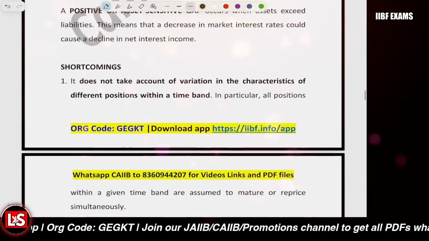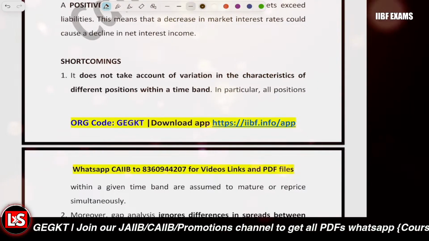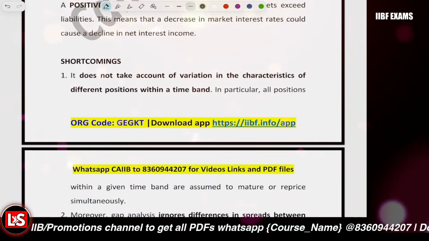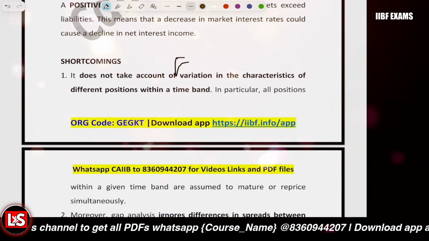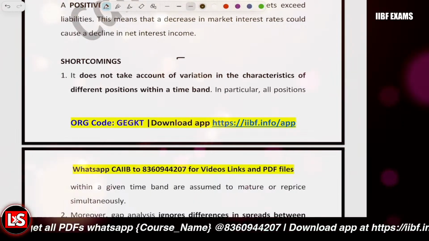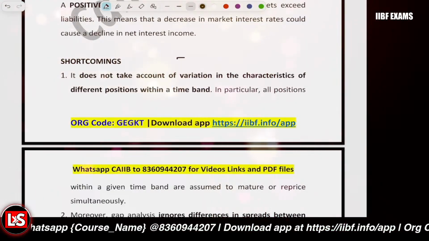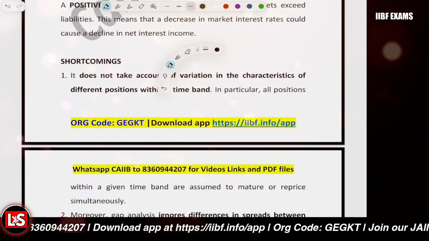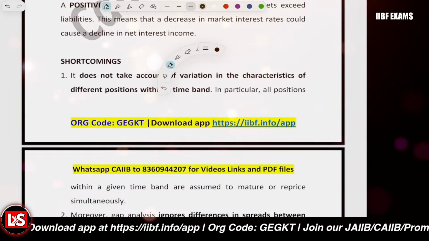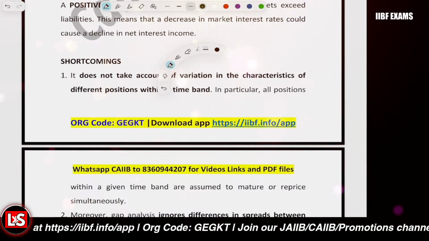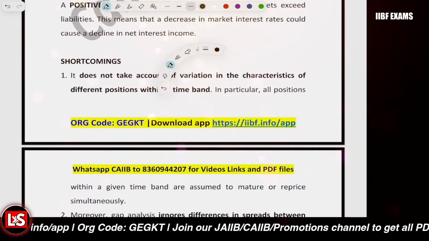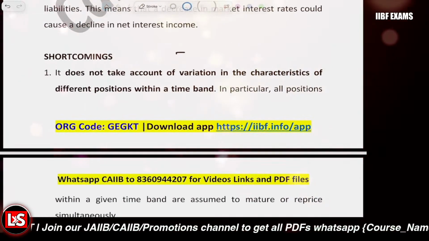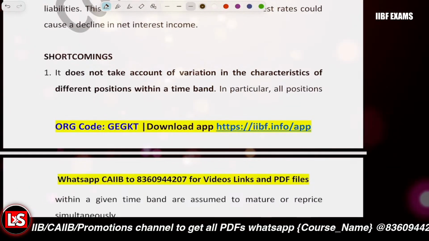And what are the shortcomings of the gap analysis? The first limitation is that the uniform repricing assumption is there. In the case of the gap analysis, we do take an assumption. What assumption is taken?